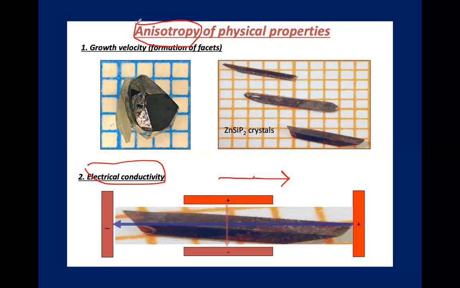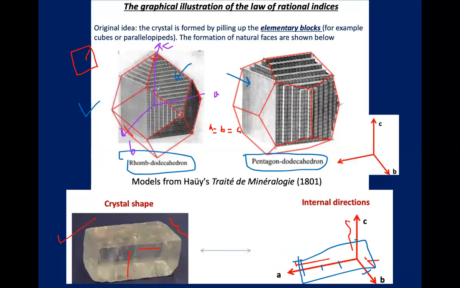If something is equal in all directions, for example, here you can call this garnet a kind of isotropic mineral, because in all directions they have similar properties. Even electrical conductivity is the same in this particular case. So we call it isotropic.